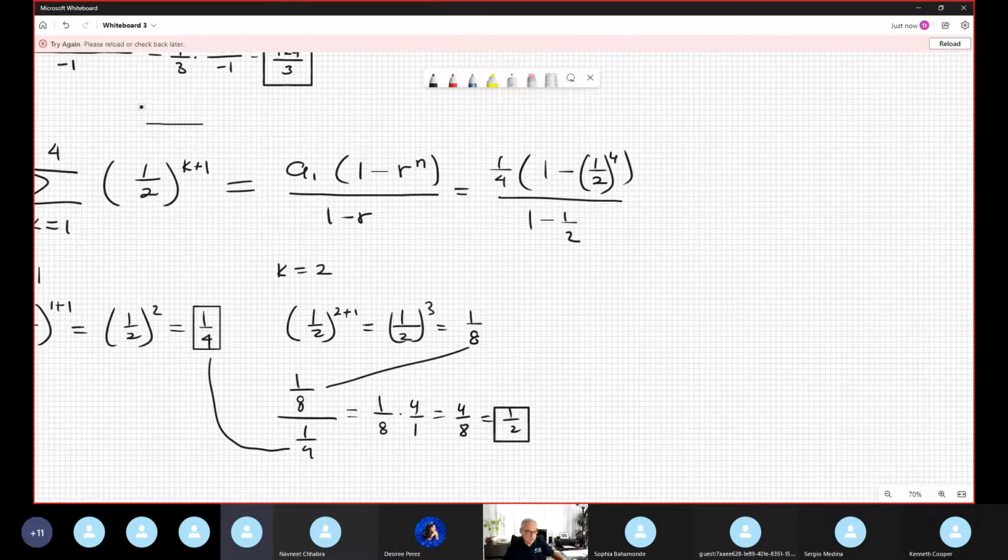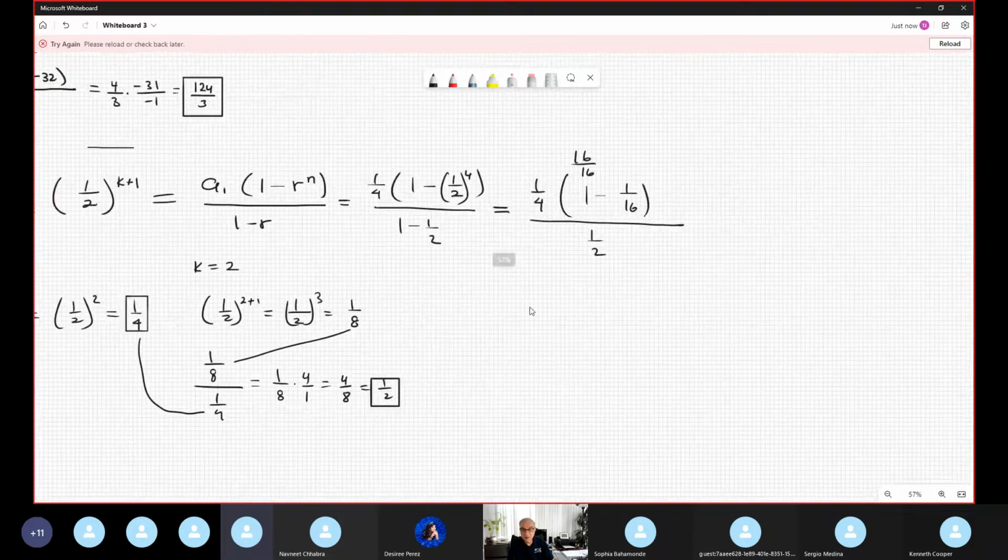This is 16. Okay, 1/4, and you go according to the order of operations. The power is first, is 1 minus 1/16, right? And 1 minus 1/2 is 1/2. So this one, you can interpret it like 16/16, and 16 minus 1 is 15.